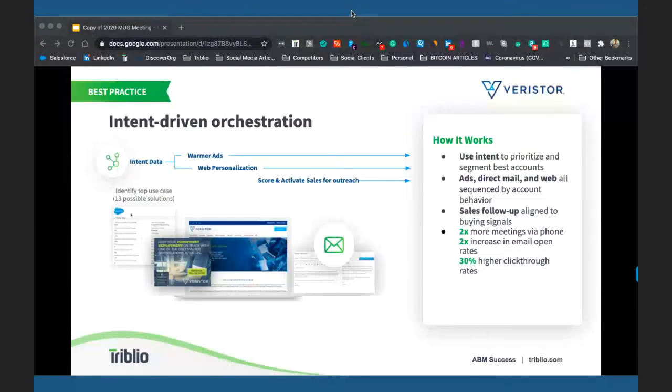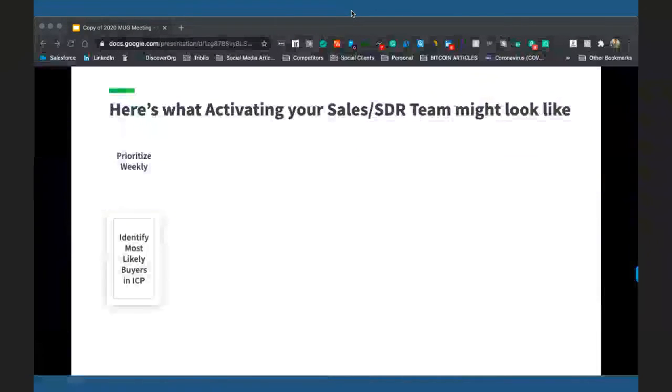And so with Veristore, what activating your sales team or your SDR team might look like with a platform or utilizing these various types of intent data might be prioritizing these weekly accounts for your SDRs so that they know, this week I'm focused on these 10 accounts, right?